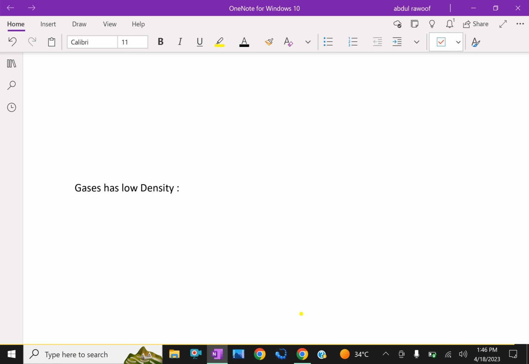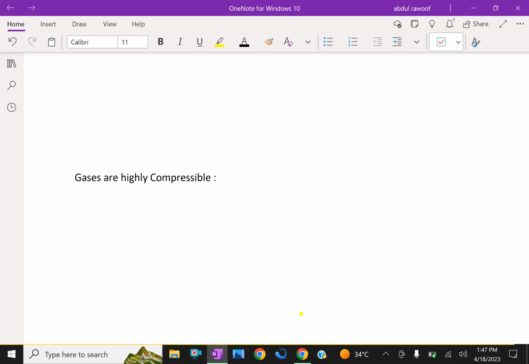Gases are highly compressible. Suppose you completely fill a syringe with liquid and try to push the plunger in when the opening is plugged. You cannot make the liquid escape. The liquid does not become smaller. It takes very great pressure to reduce the volume of a liquid or solid.